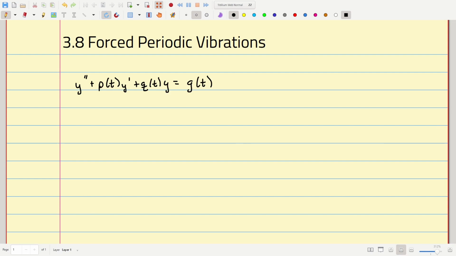All right. So we, of course, simplify our equation here to be focused on a linear equation with constant coefficients.